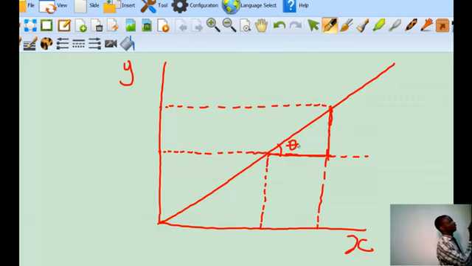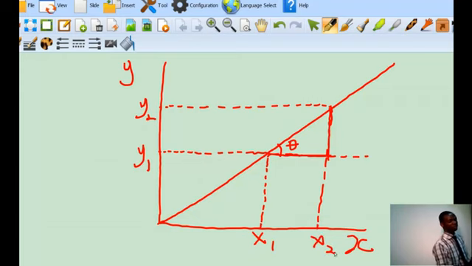Let's call these y1 and y2, and these x1 and x2.